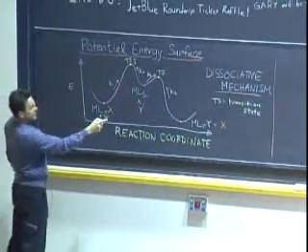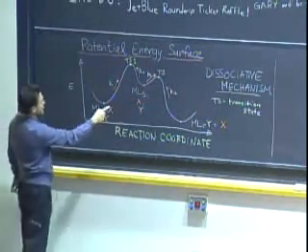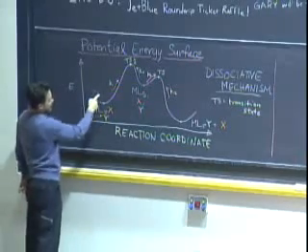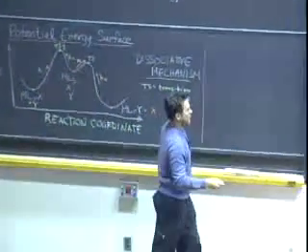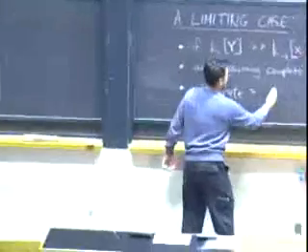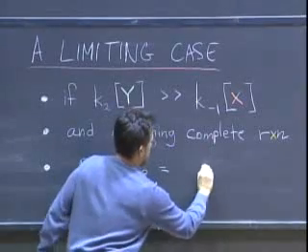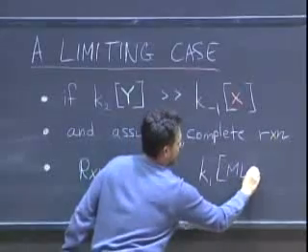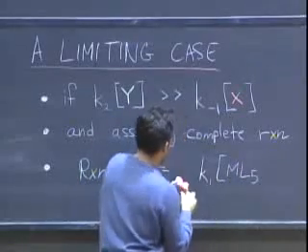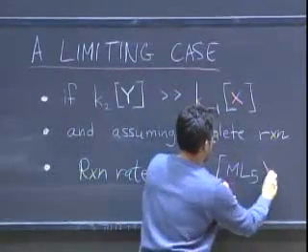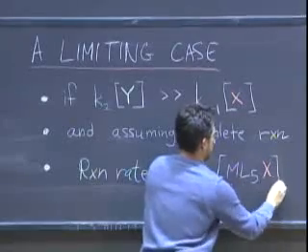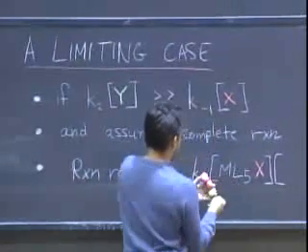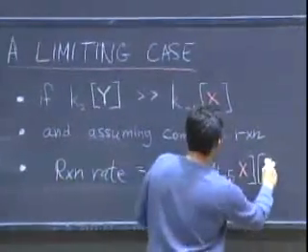And under the conditions of those assumptions, the reaction rate is going to depend on K1 times the concentration of the starting material times the concentration of our entering group Y.